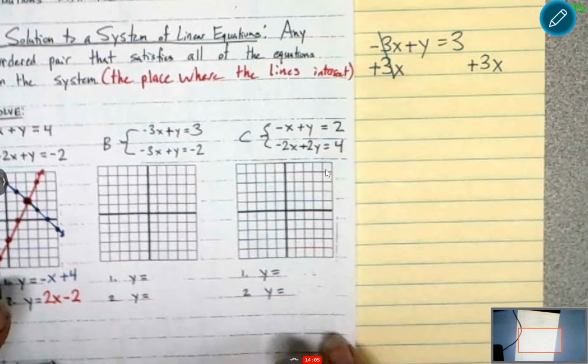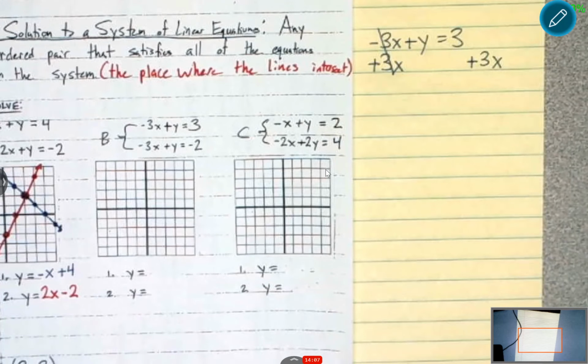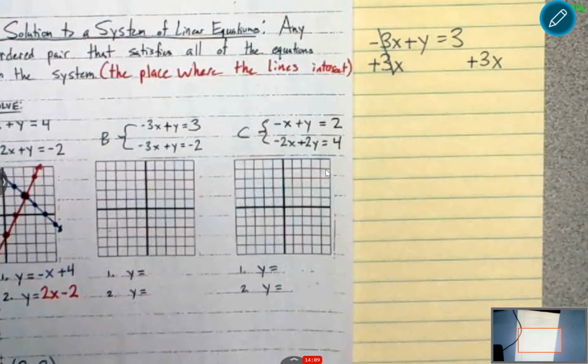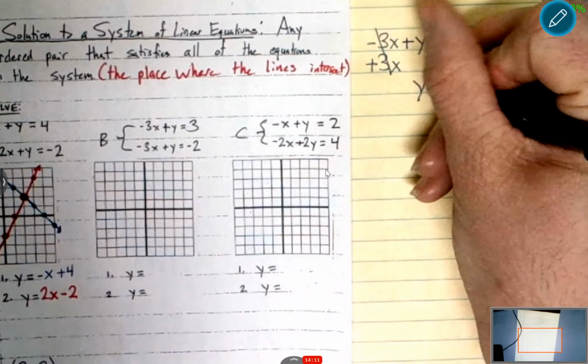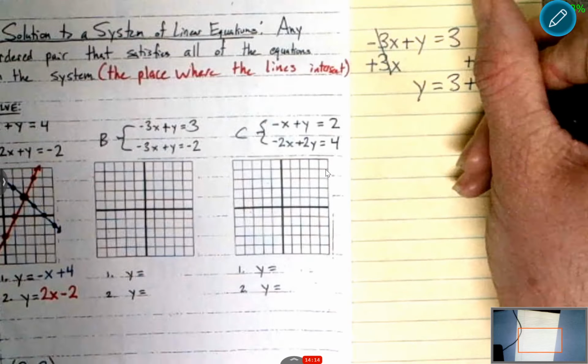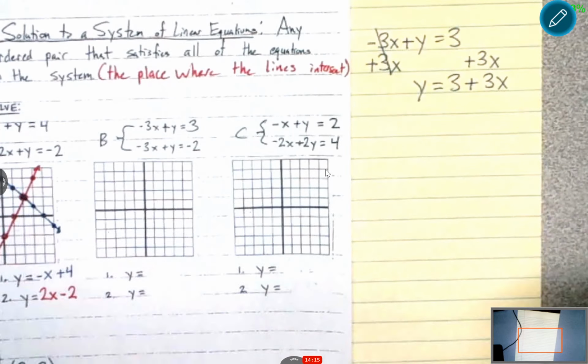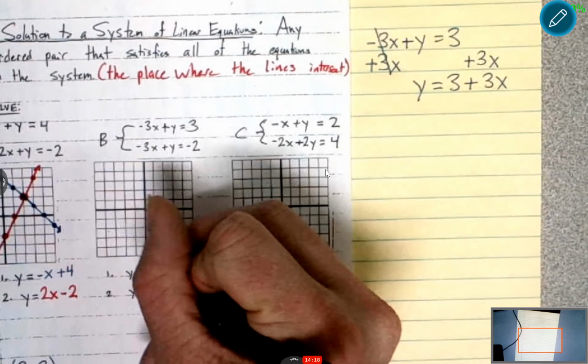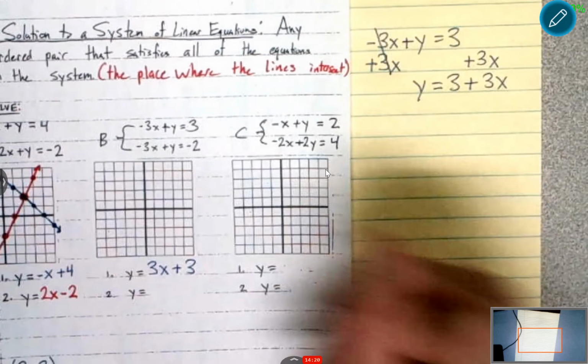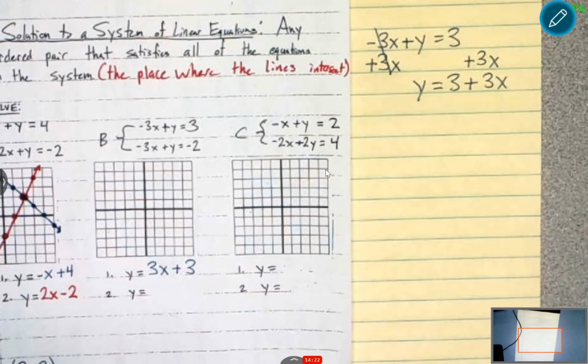Sorry, it was out of frame. So I added 3x on both sides. And now I get y equals 3 plus 3x, which I'll write down here as 3x plus 3. And this is the first equation in my system.